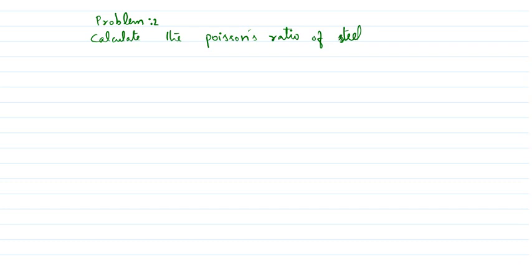The material given here is steel, given that Y equals 2 into 10 to the power 11 Newton meter raised to minus 2, and the modulus of rigidity is n equals 8 into 10 to the power 10 Newton meter raised to minus 2.